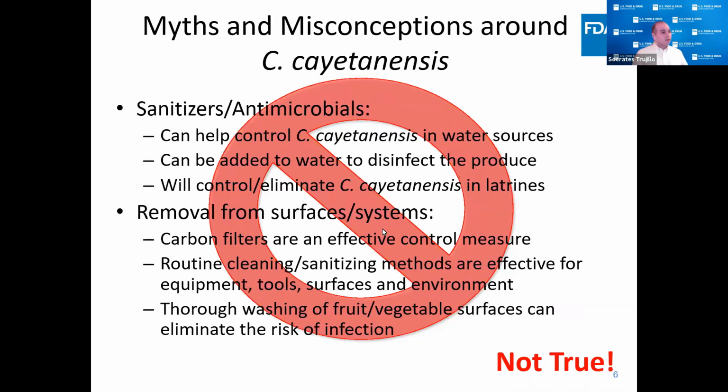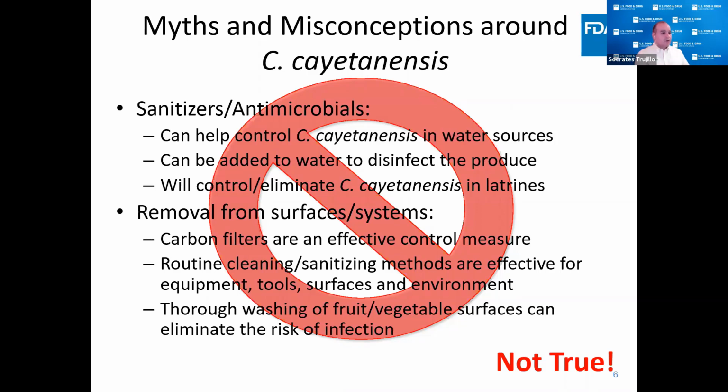And as I indicated earlier, we don't have any information that antimicrobials or sanitizers work to reduce the presence of these organisms in water sources. So the addition of chlorine or ammonia compounds to water contaminated with Cyclospora cayetanensis has no effect on the organism.